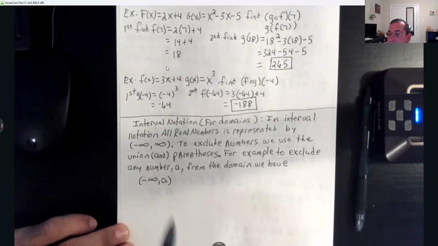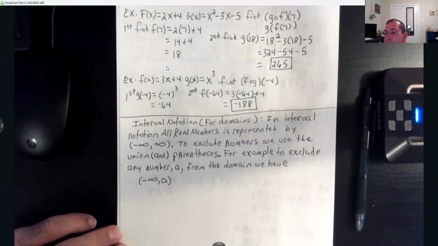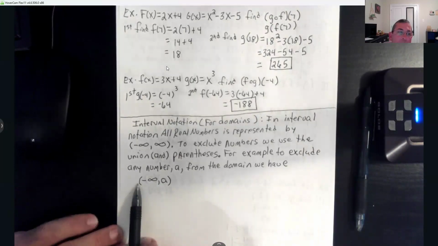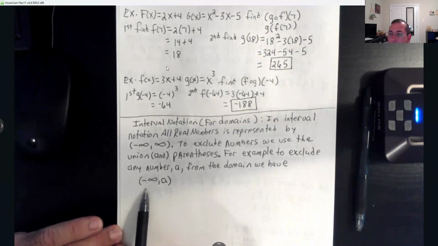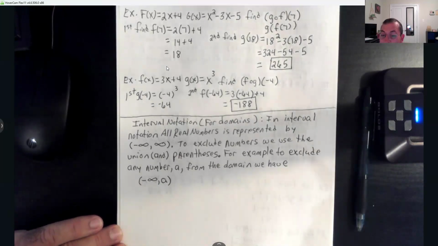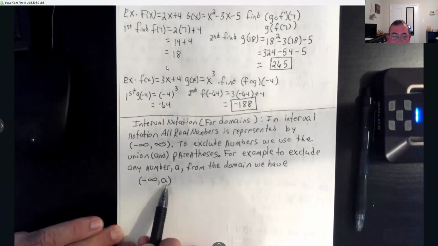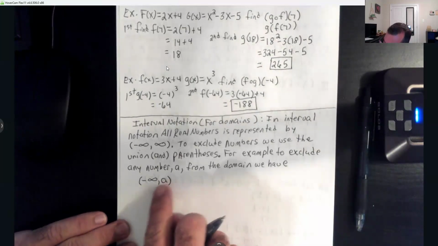If I wanted it to equal that number, I would use brackets. Now, infinity, since it's not an ending point, always has to use curves because you can't stop at infinity because it's no stopping point, okay? But around numbers, when I use parentheses, that means it's excluding that number.